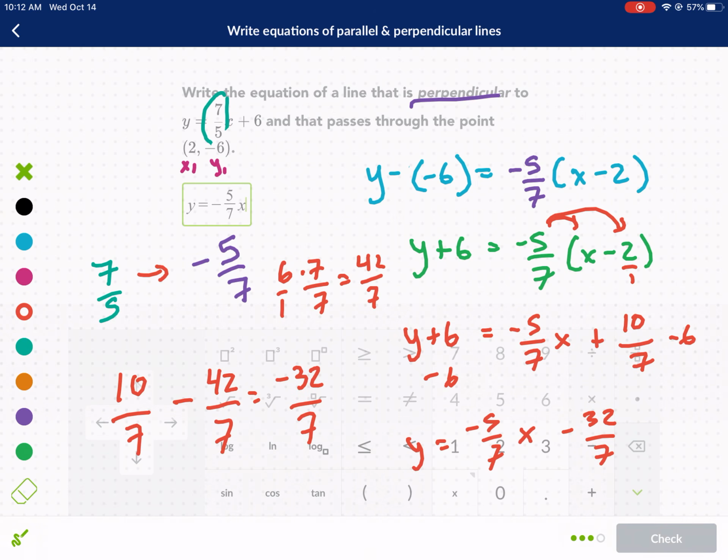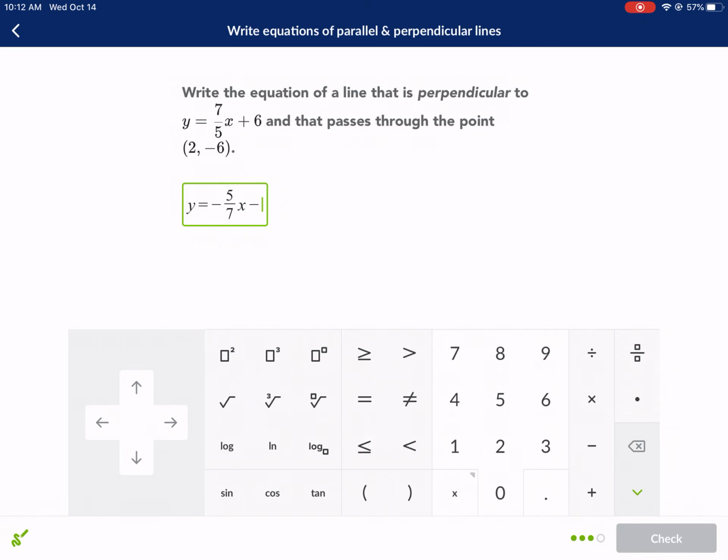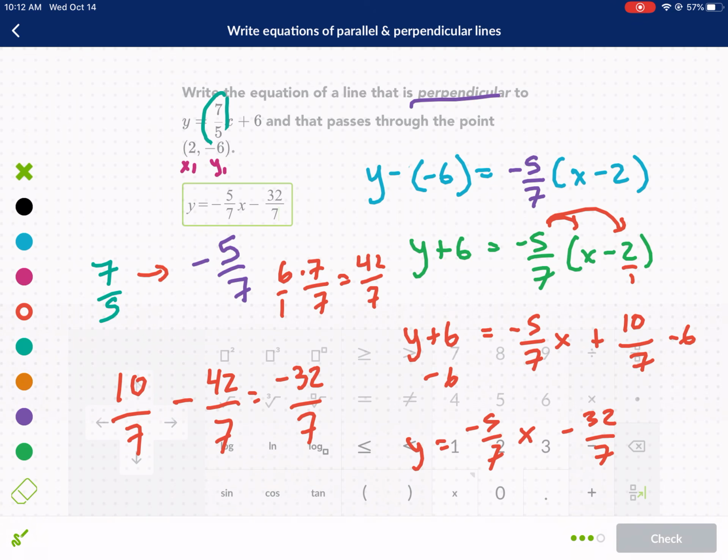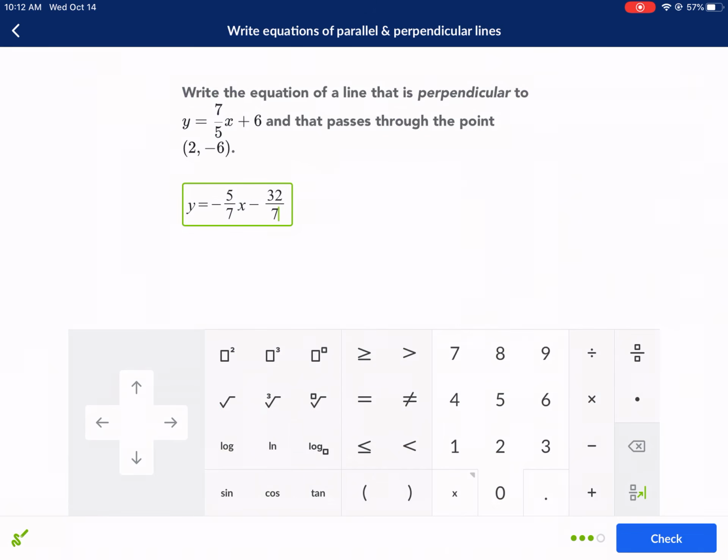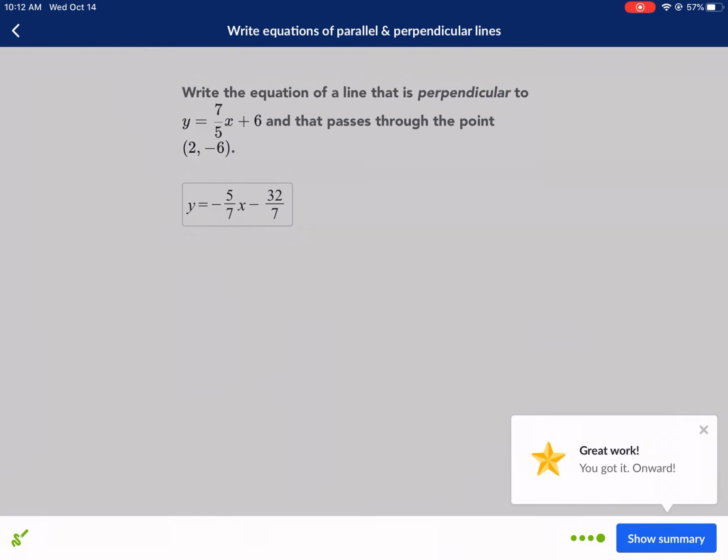Then we have minus 32 over 7. I just want to double check it. Just taking a second look. Always a good idea to do that. I don't see anything wrong with it. Plus 10. Okay, we're going to check it. Hopefully it works out. And it did.